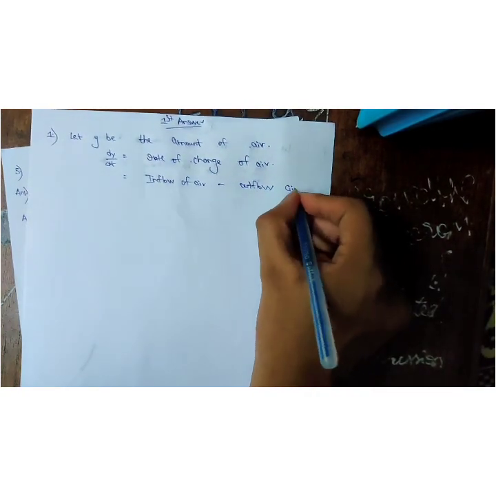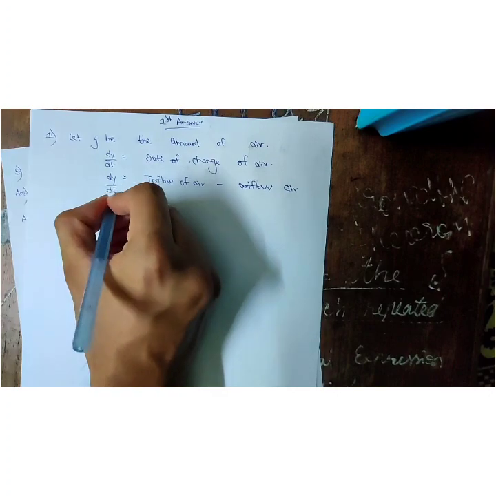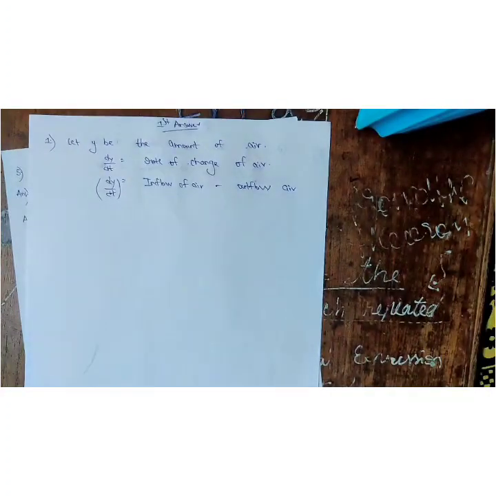Okay, guys, dy by dt is equal to inflow of air minus outflow of air.